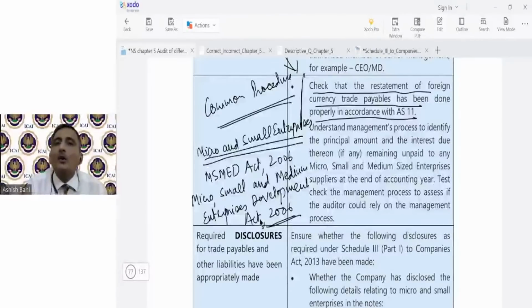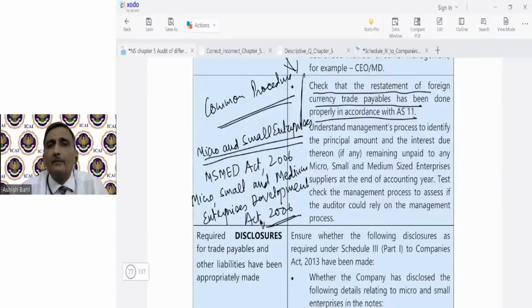One relating to trade payables pertaining to micro and small enterprises, and another relating to trade payables other than micro and small enterprises, which are not micro and small enterprises. So this is to be given on the face of balance sheet as provided in Schedule 3.